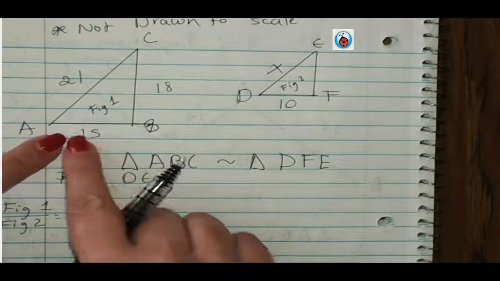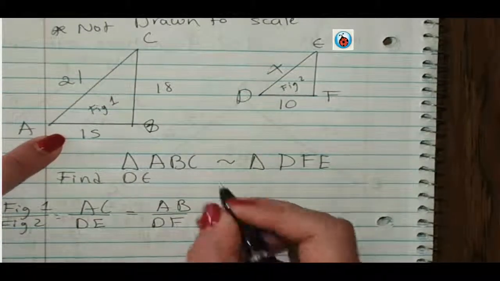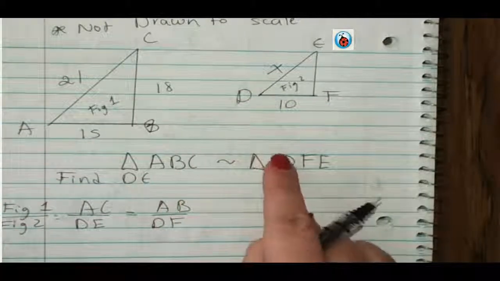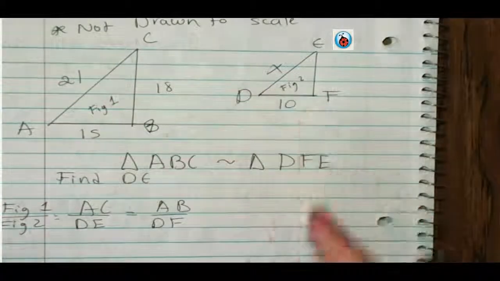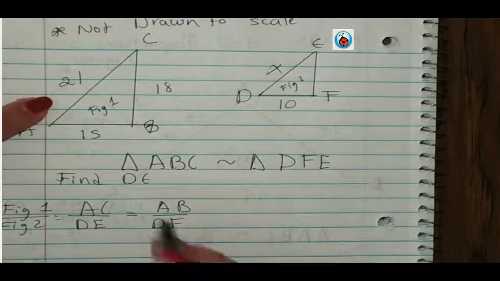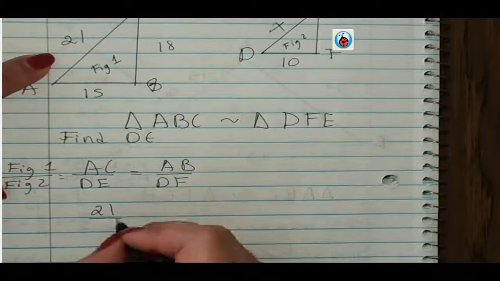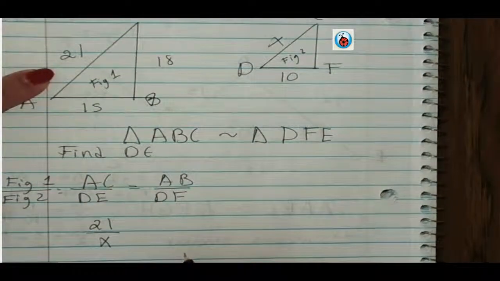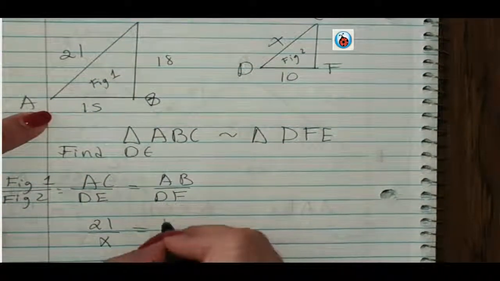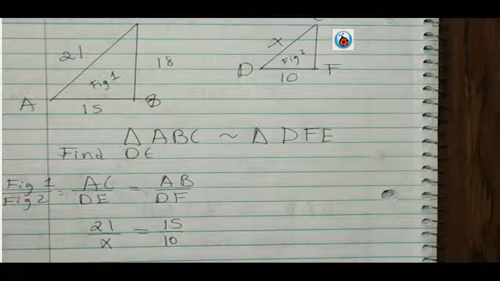I also know that AB corresponds to DF. And I know that similar figures, their corresponding sides are proportional, right? So, can I find a missing side? Okay, so AC is 21, and that corresponds to DE, which is X. AB is 15, and that corresponds to DF, which is 10.